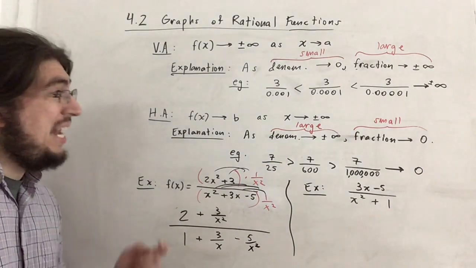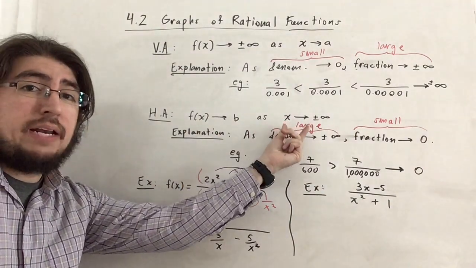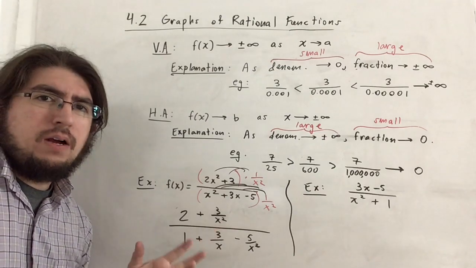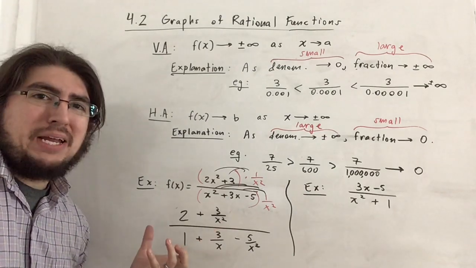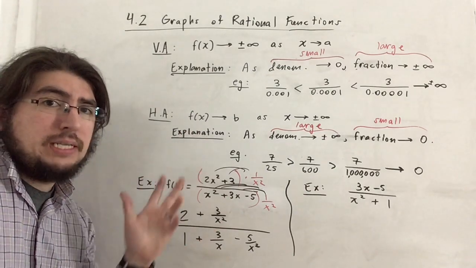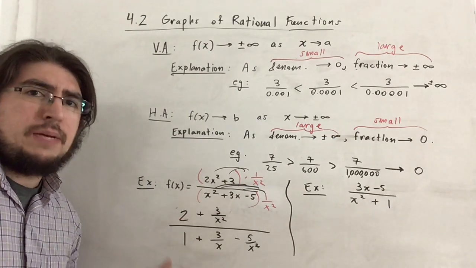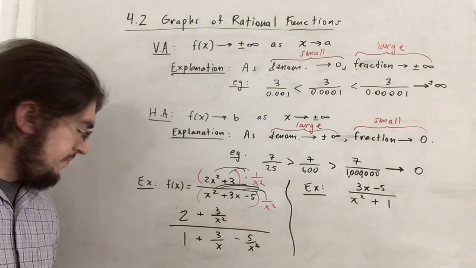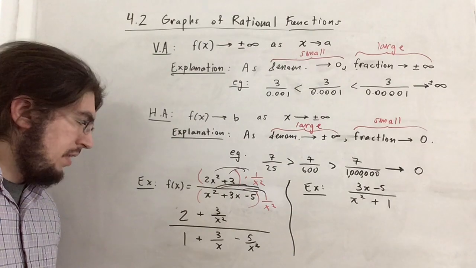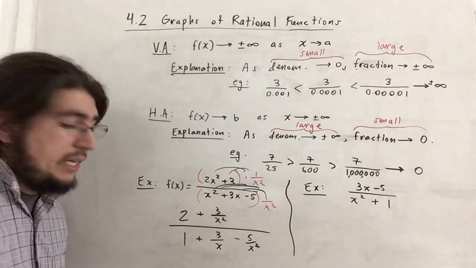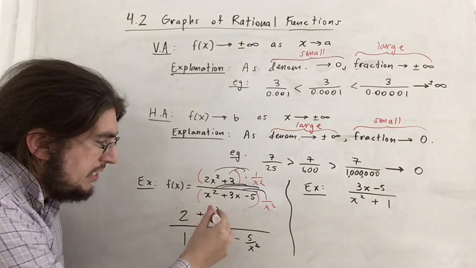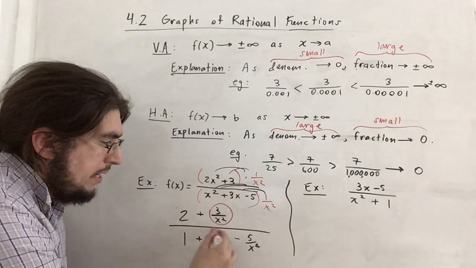Now, what are we trying to do? We're trying to let x go towards positive or negative infinity. Let's just, for ease of explanation, say it goes to positive infinity. For negative infinity, the same argument holds, but just watch me here. So if x goes to positive infinity, in each of these fractions, what's happening?